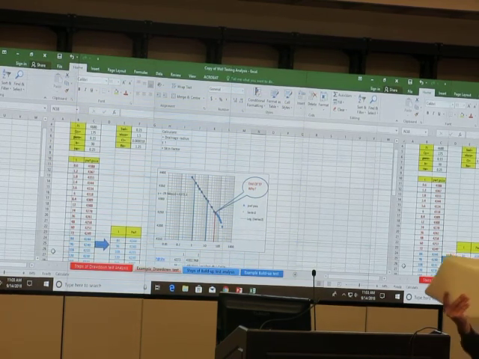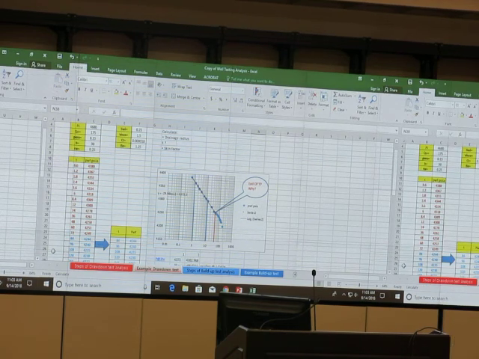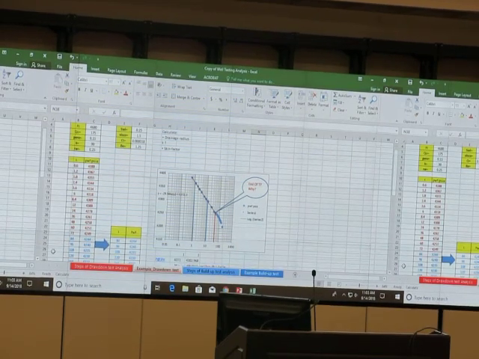Who doesn't have this? Who doesn't have the coordinates? Everyone has it now?